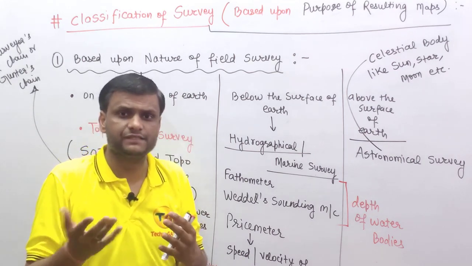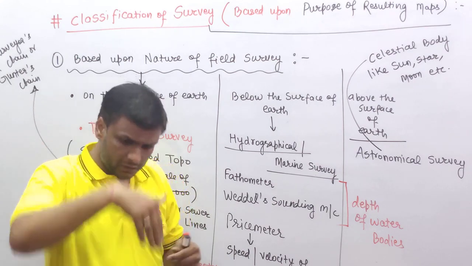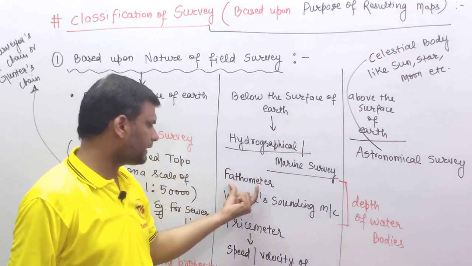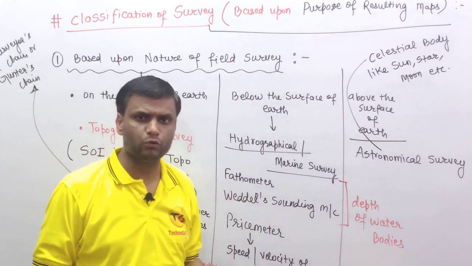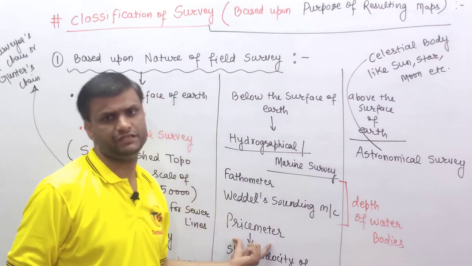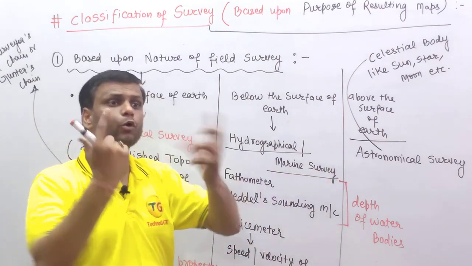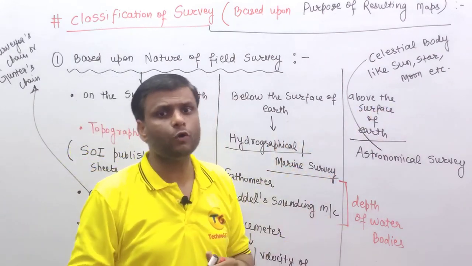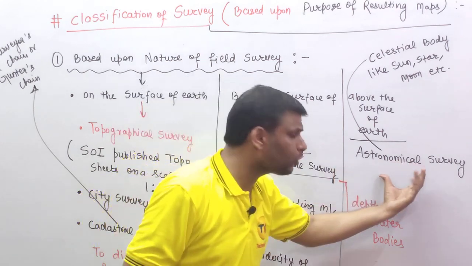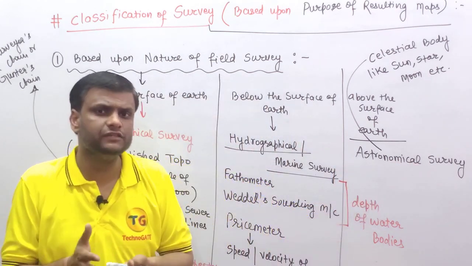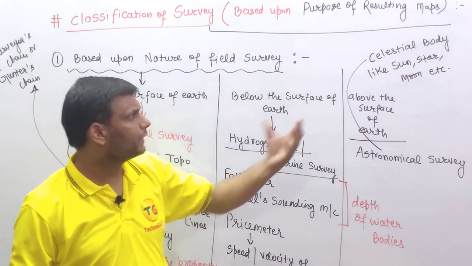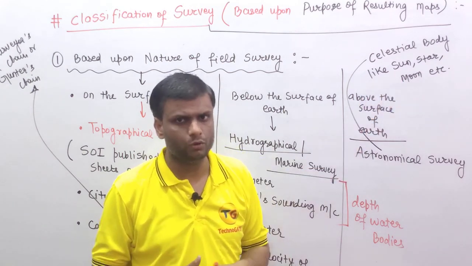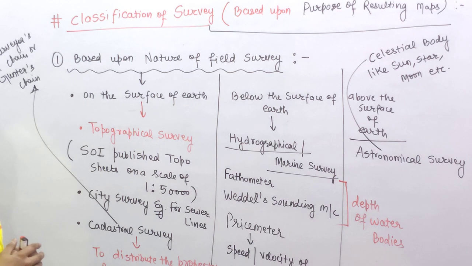Likewise, in the Burj Khalifa case or the Palm Islands in Dubai, the depth of sea and water bodies is initially required. For those locations, fathometer and Weddell's sounding machine are used, whereas price meter is used for the measurement of water body velocities and speed. In the case of above the surface of earth, astronomical survey is performed, where we carry out the survey for different celestial bodies, like sun, star, moon, etc. Okay, so please note this. After that, we will move forward.